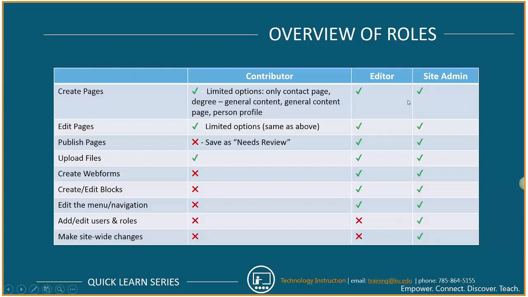I'll also note that there is a role that's even higher than this that's reserved for members of KUIT and marketing communications. With that, they're able to get into any site in order to help with support, or if there'd be an emergency, they could help edit a page or something like that.